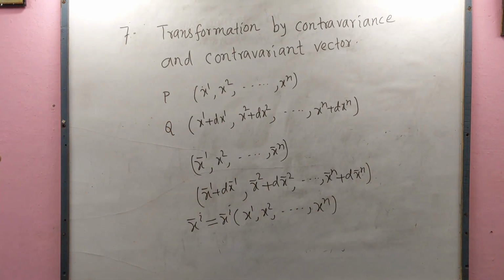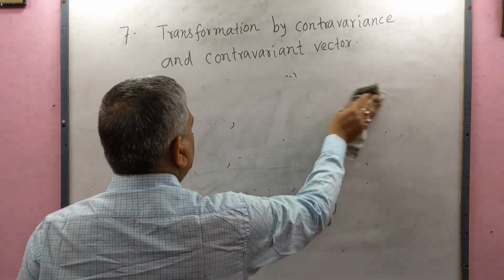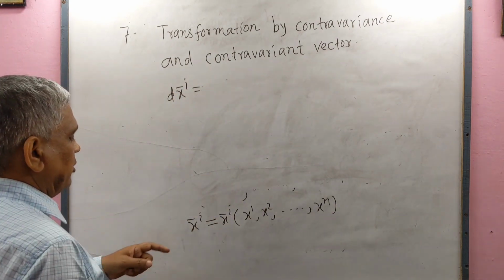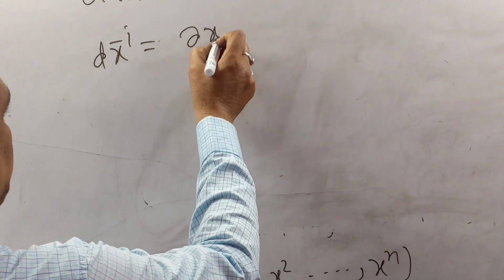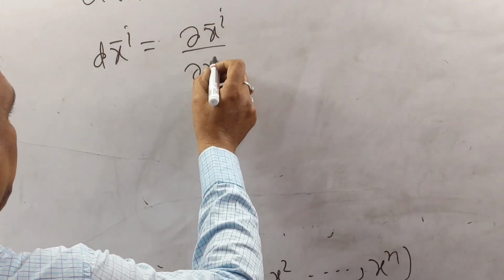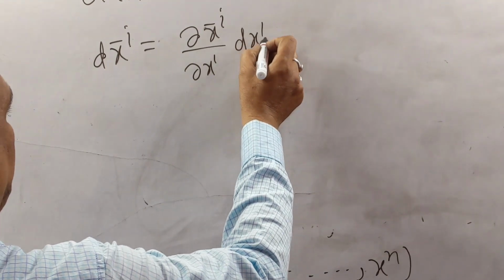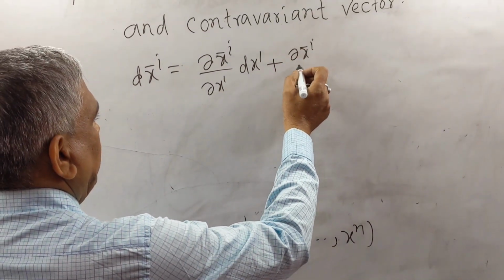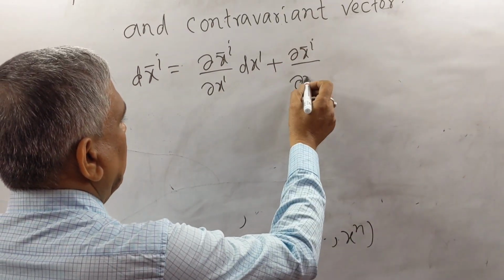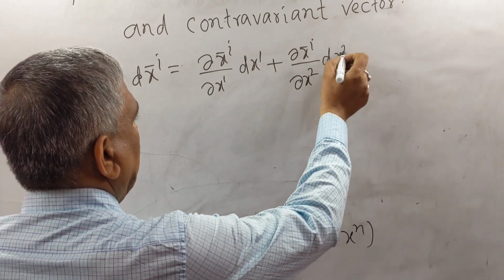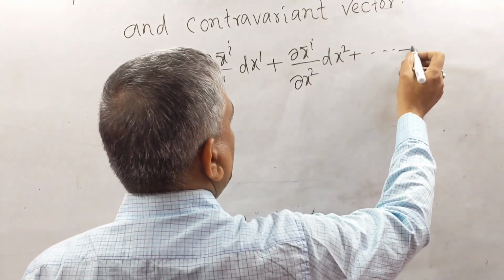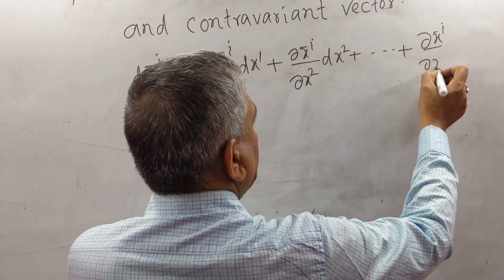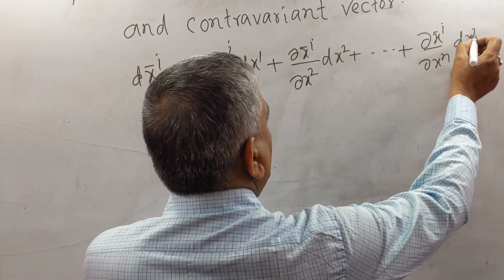Now we may find a small element dx bar i equals del x bar i by del x1 dx1 plus del x bar i by del x2 dx2 plus ... del x bar i by del xn dxn.